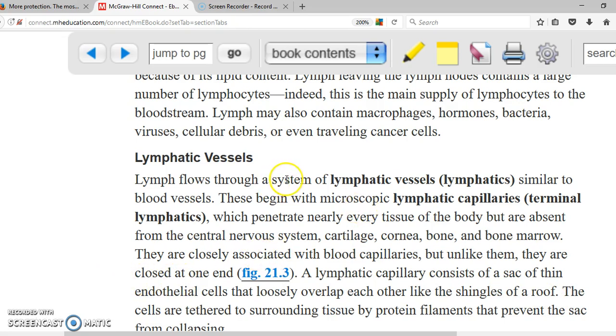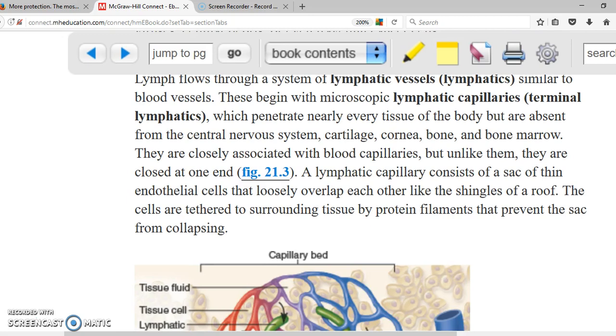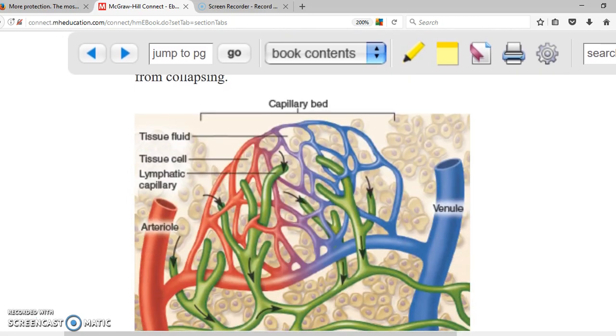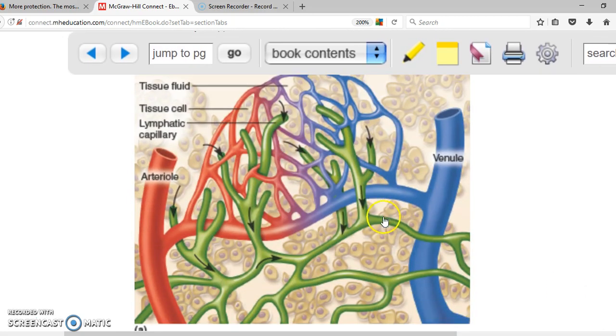One characteristic that lymphatic vessels have is that they resemble the veins. Veins have valves and lymphatic vessels have valves as well. So right here you see the capillaries, right? Blood vessel capillaries right here, and you can see in here the capillaries in this case that belong to the lymphatic vessels.